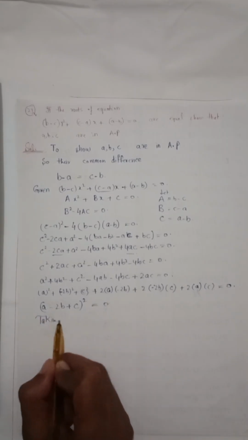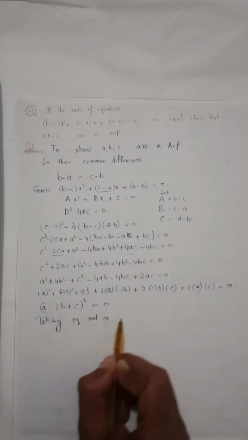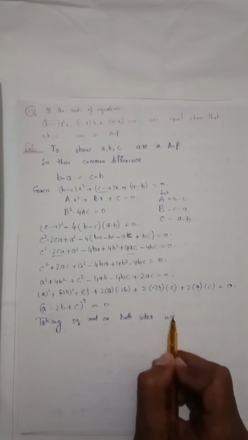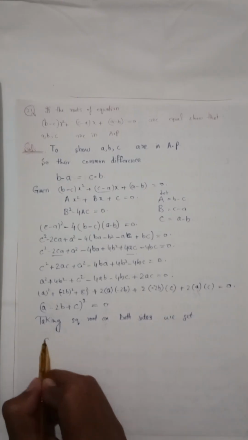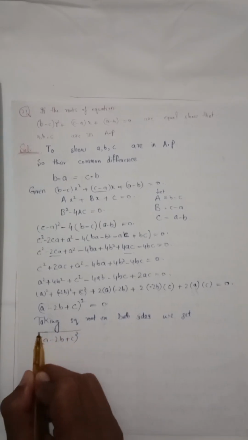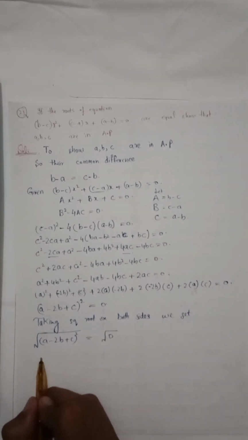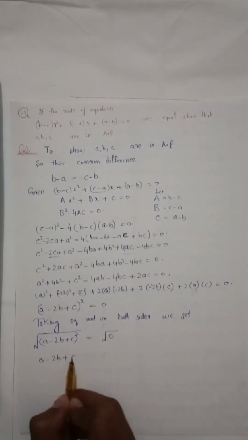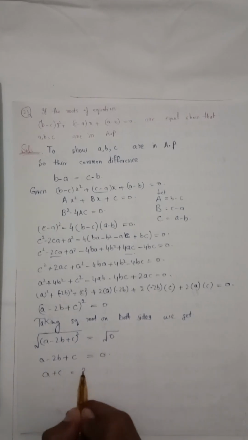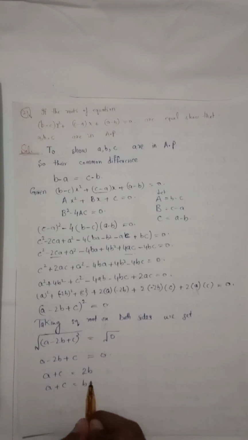Taking square root on both sides, we get a minus 2b plus c equals 0. So a plus c equals 2b. a plus c is equal to b plus b.